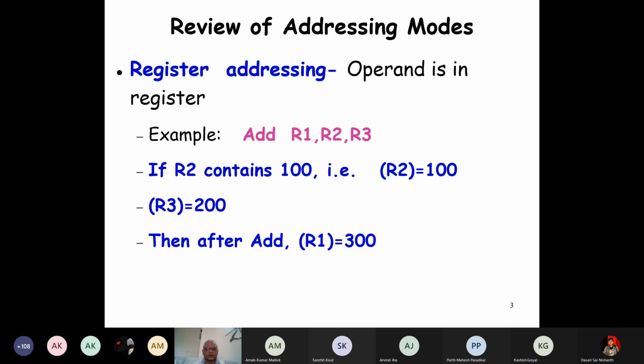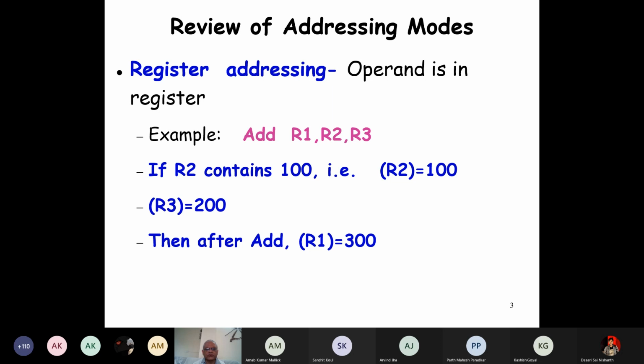This addressing mode says that the data, or the operand, is there in a register. Simplest one: the operand is already there in the register. The destination register R1, the addressing mode of R1 is register addressing, sometimes called register direct addressing.